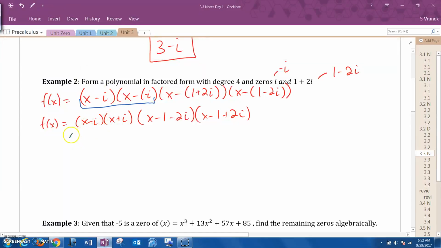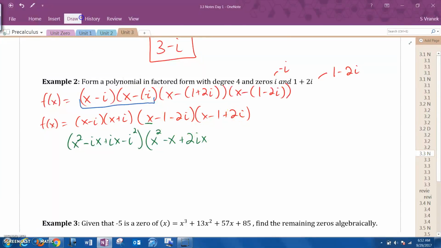x times x is x squared. You get minus xi, or ix, plus ix, minus i squared. This one becomes, and if you write everything out, take the first piece and multiply it to all 3 pieces. So we get x times x is x squared, x times negative 1 is a minus x, x times a 2i is a positive 2ix.